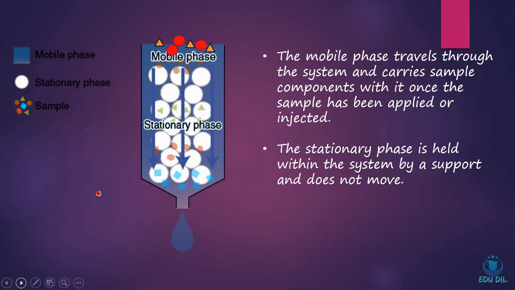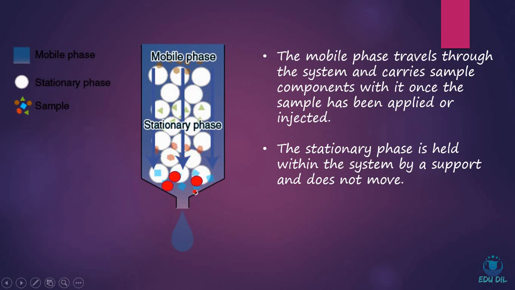Triangles have weaker interactions with the stationary phase, so they don't like to stay in it. This leads to a difference in the rate of travel for these components and their separation as they move through the chromatographic system. You can see triangles move quickly, so you can separate them out. Thereafter the circles come, and you can separate out the circles.